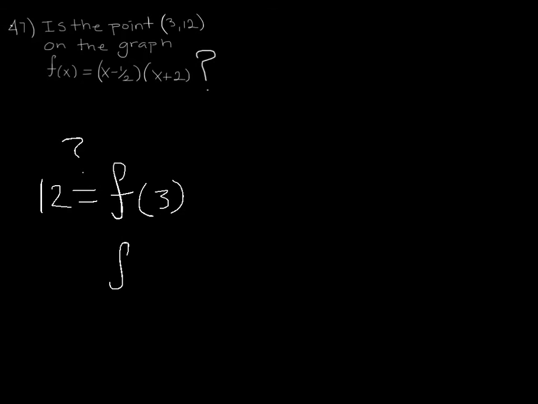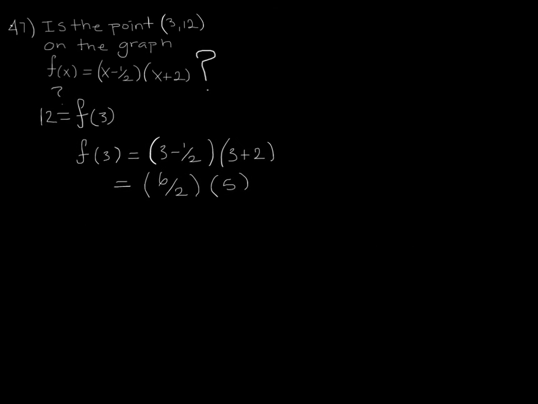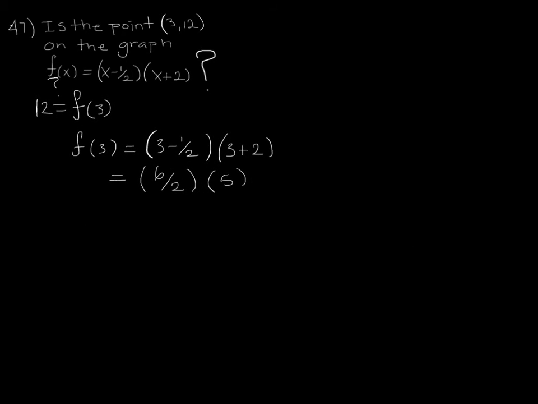Well, f of 3 is equal to (3 minus a half) times (3 plus 2), which equals 6 halves times 5, or 3 times 5, which equals 15.